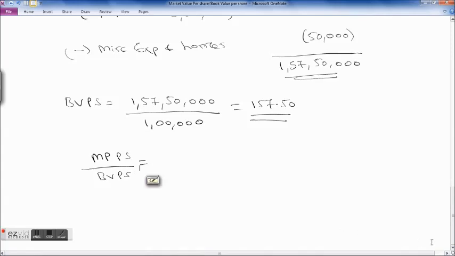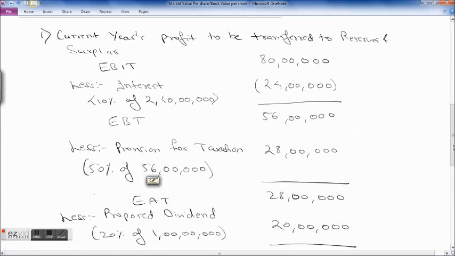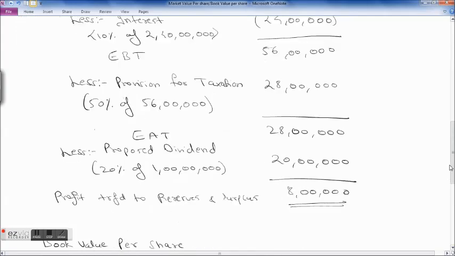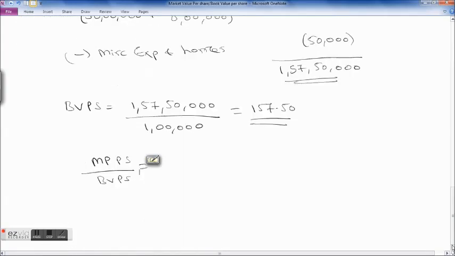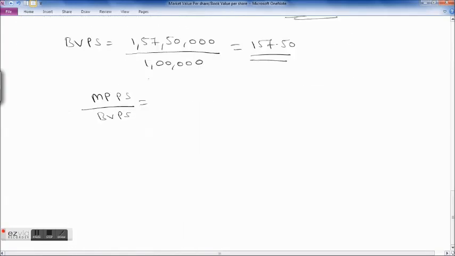Now your ratio, market value per share upon book value per share. What is the market price per share? It's given here, closing market price 170. This is the shareholders' expectation, 170, upon the book value per share, 157.50. So this comes to 1.079.